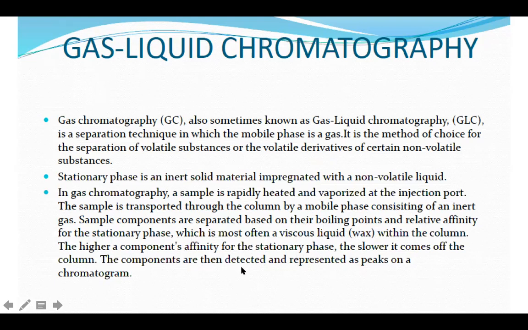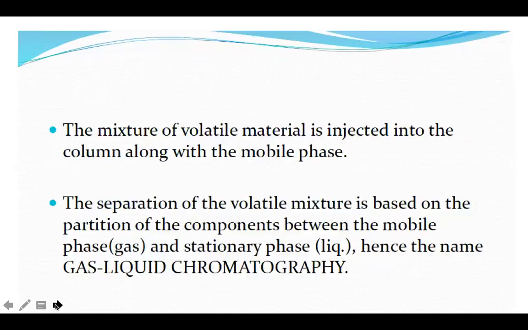The components are then detected and represented as peaks on the chromatogram. Gas chromatography is sometimes used with mass spectrometry, so we can get even the mass spectrum of the compound.